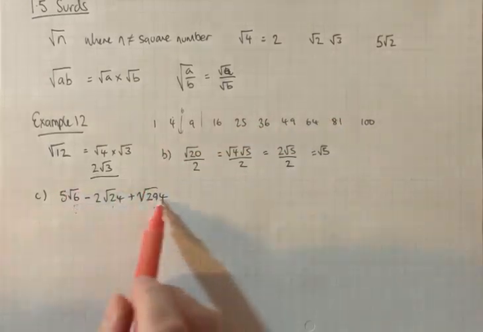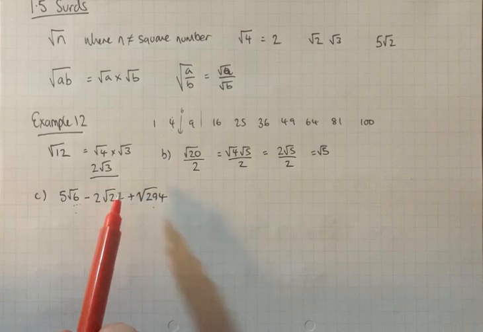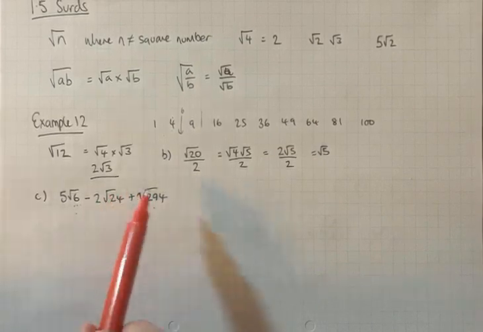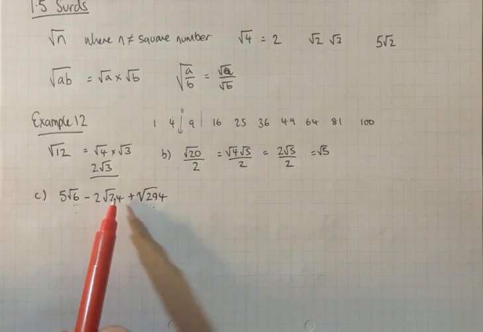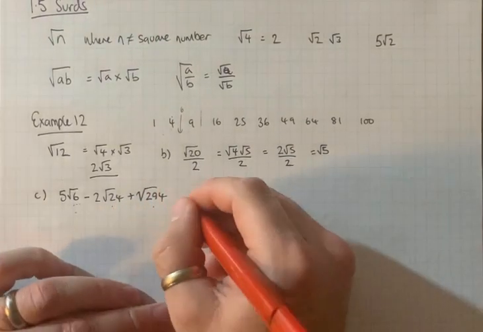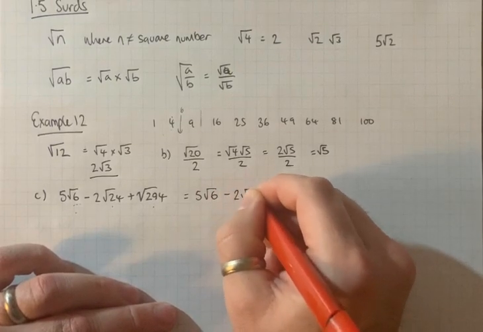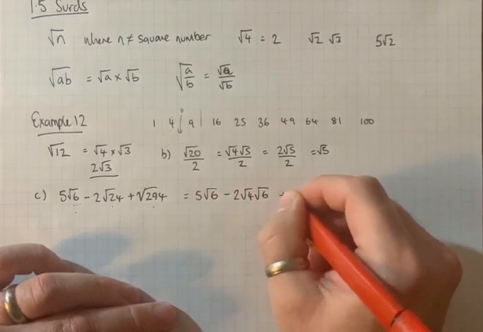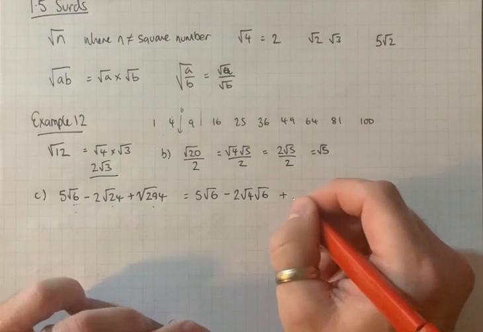Now if we simplify all of this, this is a big clue now. This tells us that these are going to split into root 6, because that's the only way we're going to have a common term. So you think, what times by 6 is 24? 4. And what times by 6 is 294? 49.